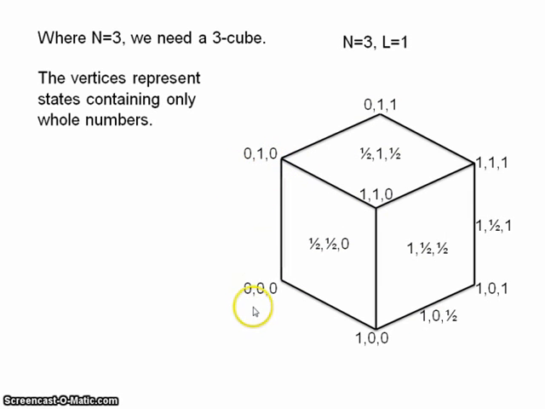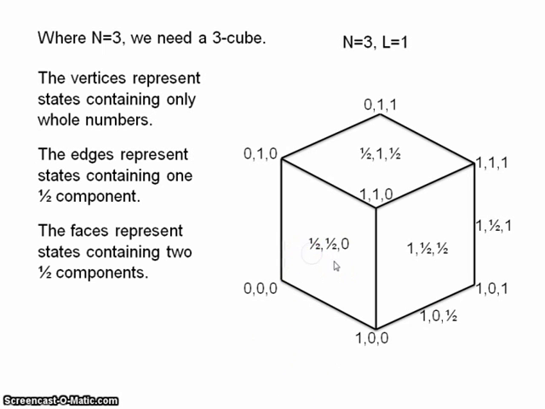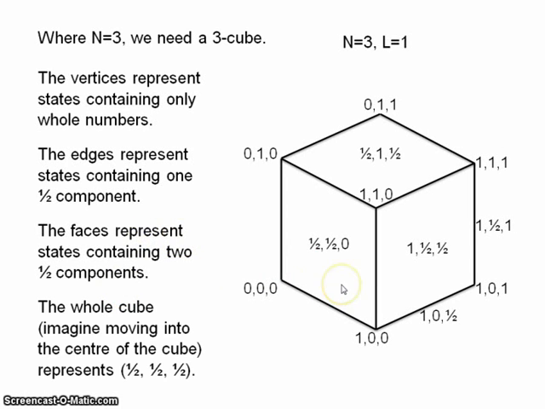The edges represent the states containing 1 fractional component, and the faces represent states containing 2 fractional components. That still leaves us with half, half, half, and that's represented by the cube as a whole. So just imagine moving into the center of the cube rather than along the outside of it for the state half, half, half. Well, I think you get the idea.